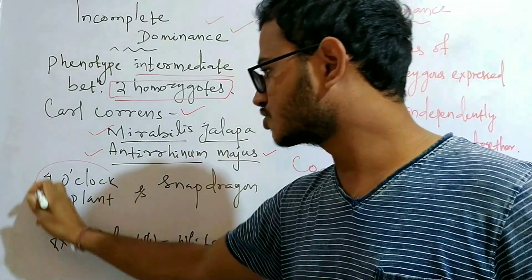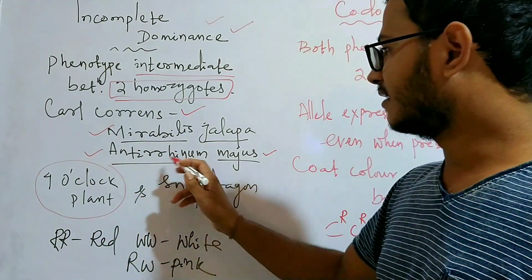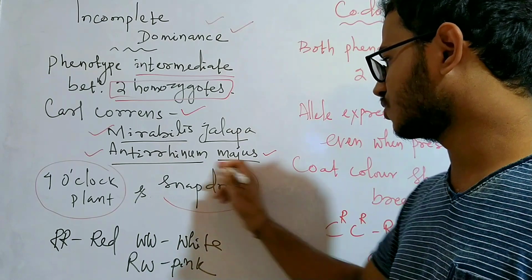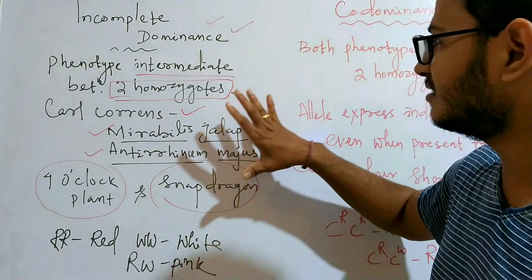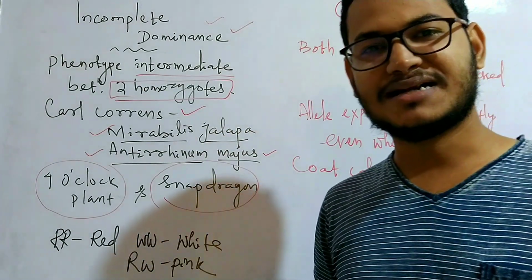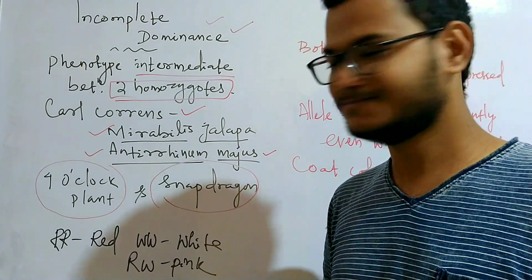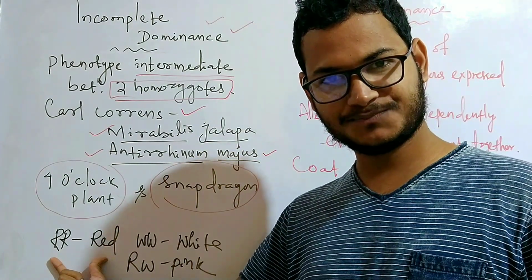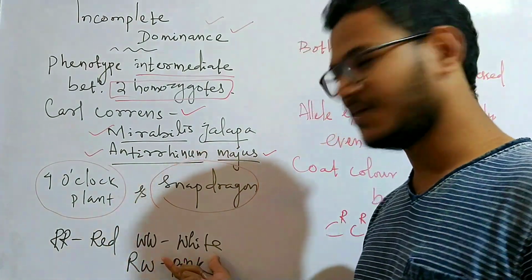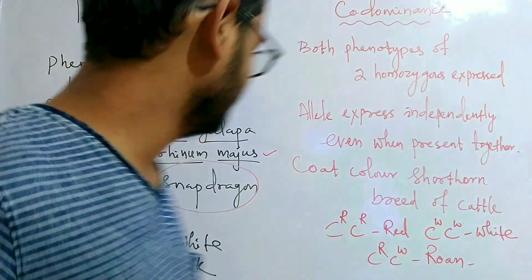Mirabilis jalapa is also known as the four o'clock plant, and Antirrhinum majus is also known as snapdragon. So how is incomplete dominance found in Mirabilis jalapa? Let's take a look. We will take a plant having red flowers and a plant having white flowers.